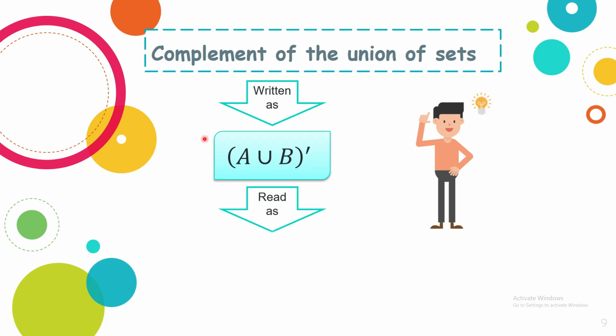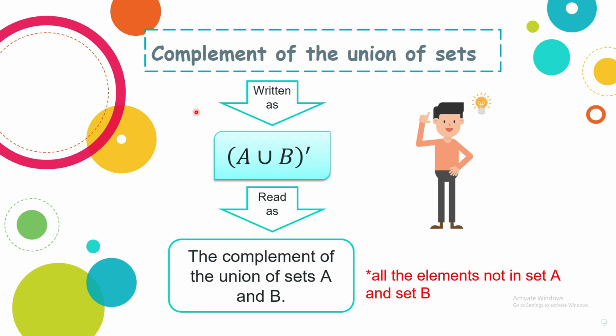It can be read as the complement of the union of set A and set B. This is how we read this set notation. And then what is meant by the complement of the set? The complement of the union of sets is all elements not in set A and set B.